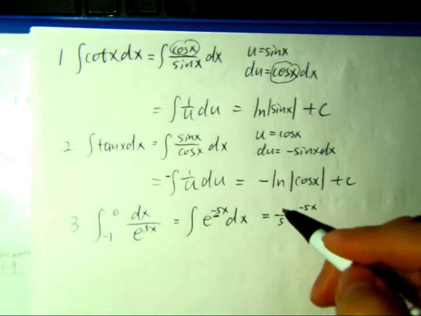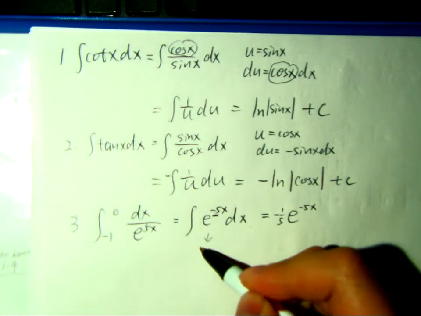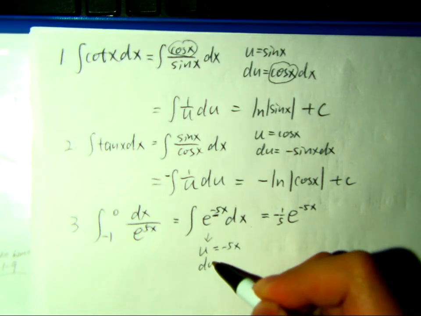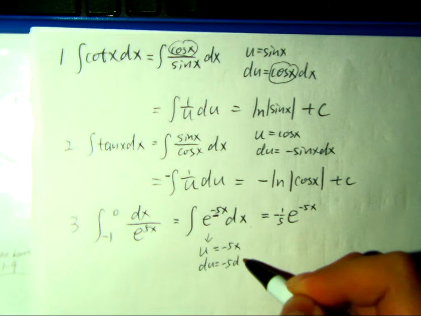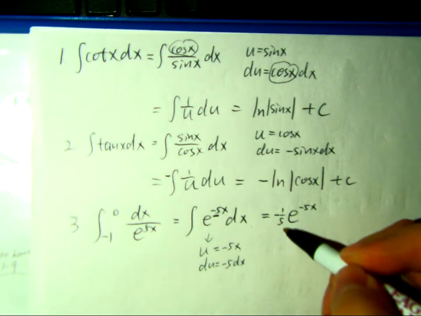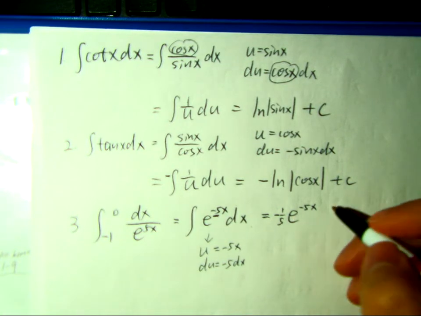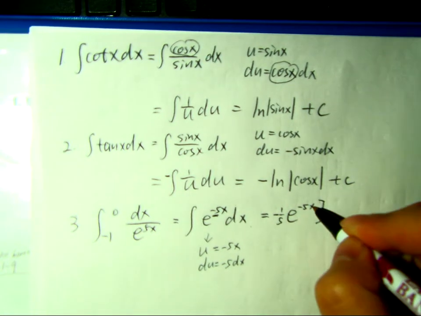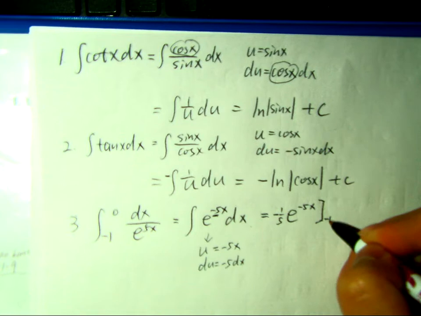This negative 1 over 5 actually comes from the u substitution. So if u is negative 5x, du will be negative 5. That's where the negative 1 over 5 comes from. And then if I change my u back to x, I need to keep the limits.